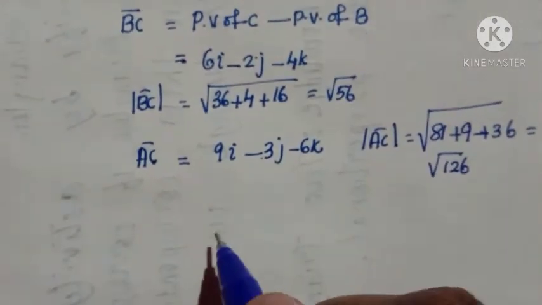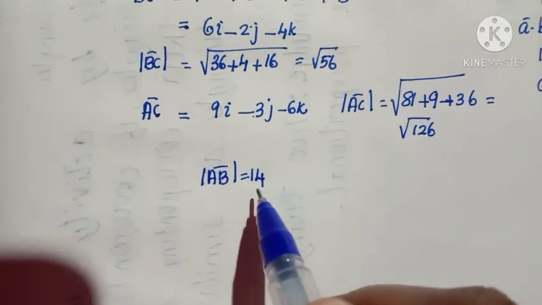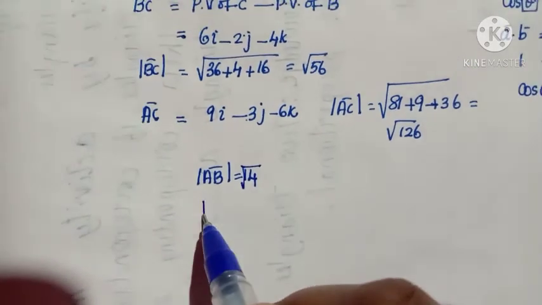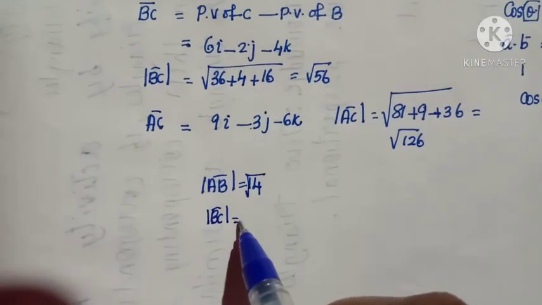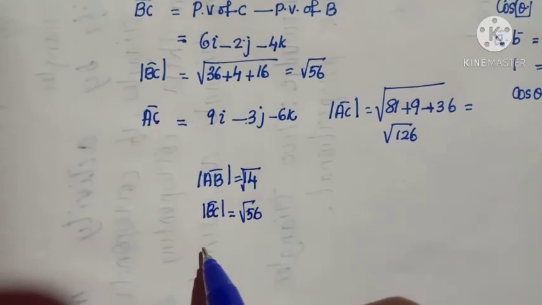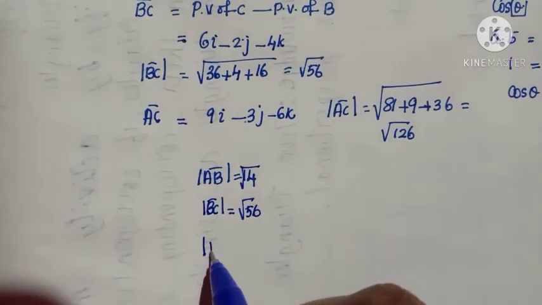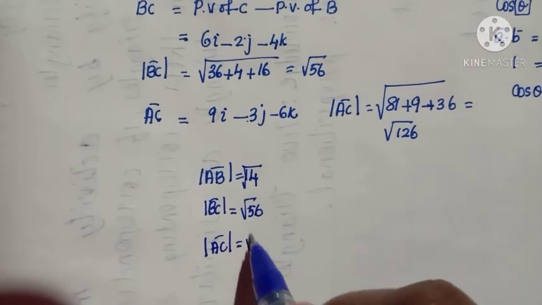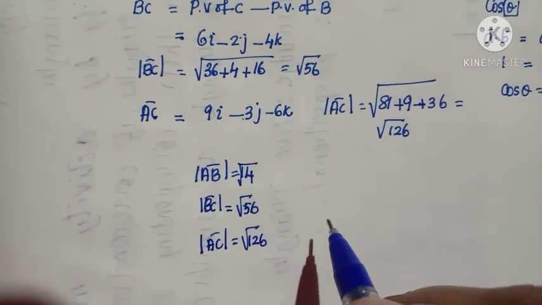Okay. So magnitude of vector AB is root 14. Magnitude of vector BC is root 56. Magnitude of vector AC is equal to root 126.